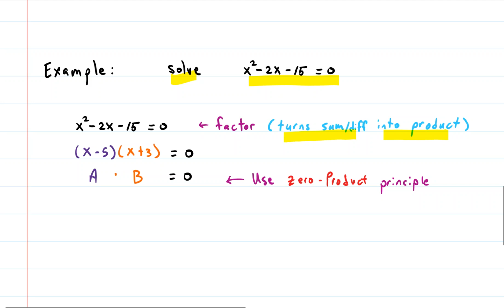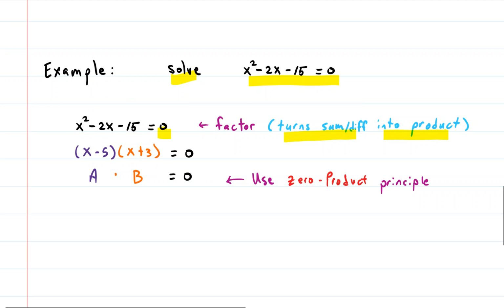The zero product principle doesn't tell us anything about adding or subtracting, but we do have a 0 on the other side. We have something equals 0. So if we can change this sum or difference on the left side into a product, we're golden.